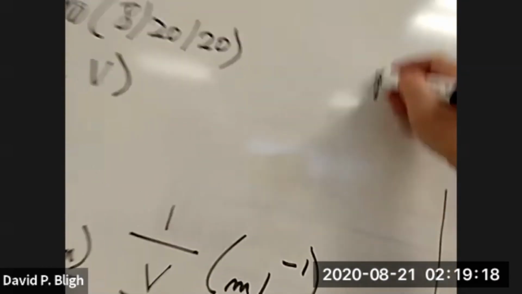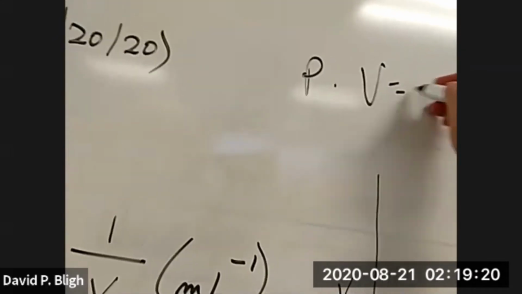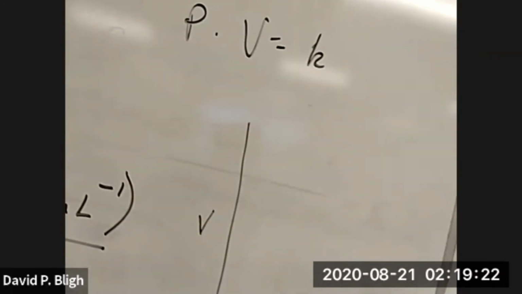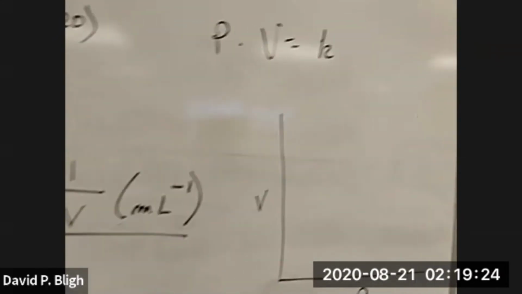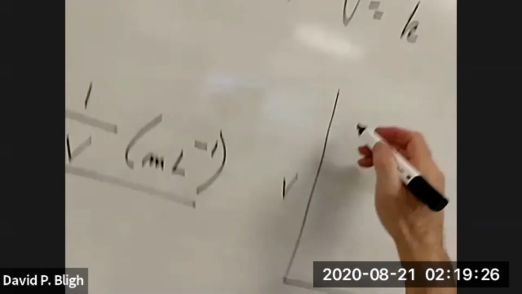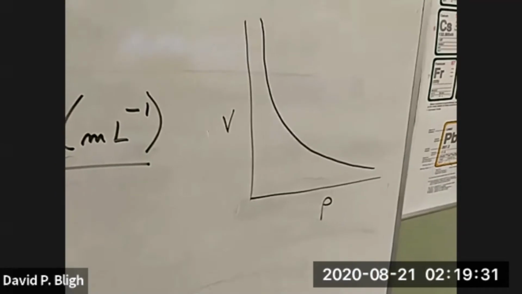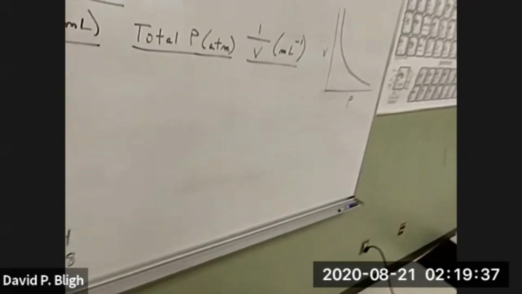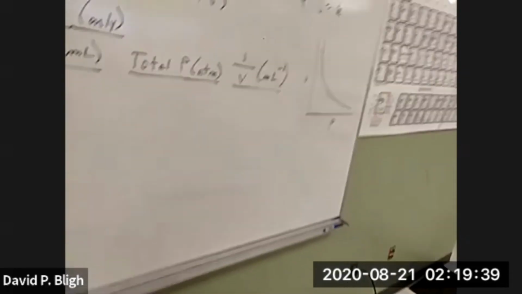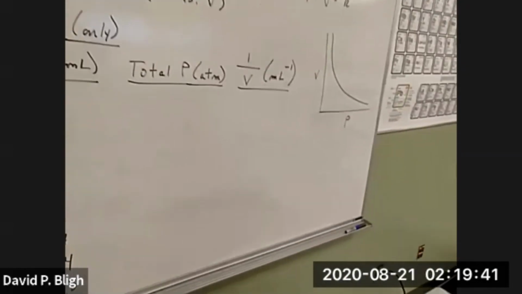But since P times V equals a constant, then as this one goes up, that one goes down, and it always gives you a hyperbola. Scientists hate curves. Whenever we can get a straight line, we go for it. So we were going to convert to make this into a straight line.